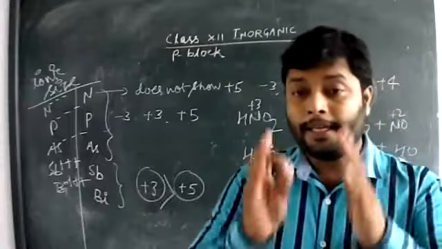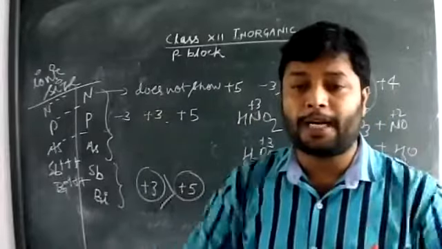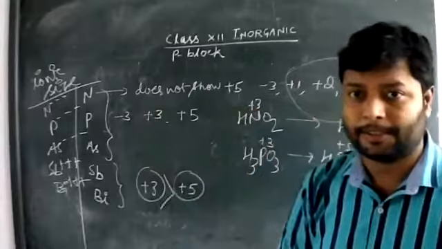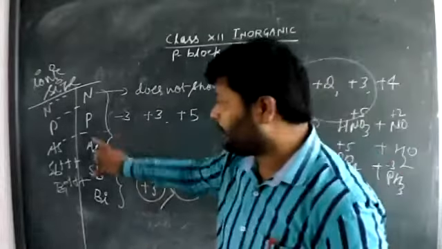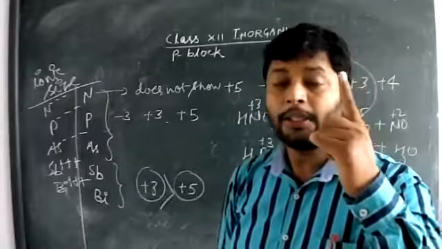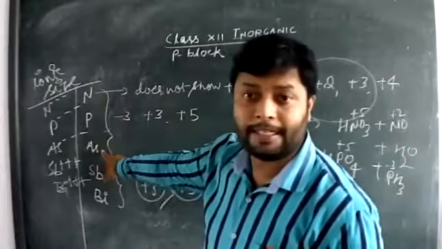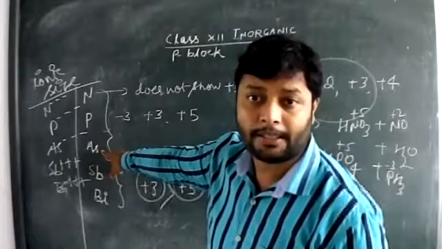In an anion, as the number of negative charges increases, size increases. So when we move down the group, due to the increase in number of shells, you can see the size increases from nitrogen to arsenic.